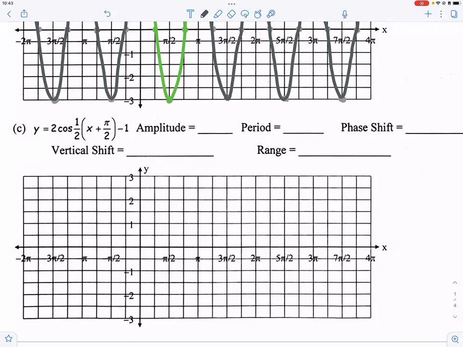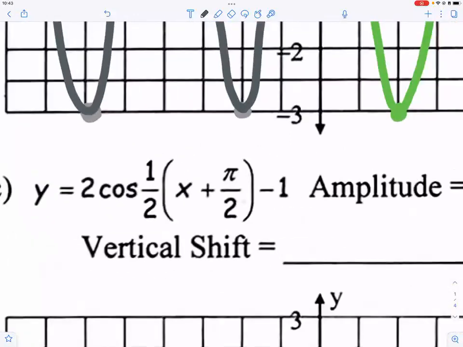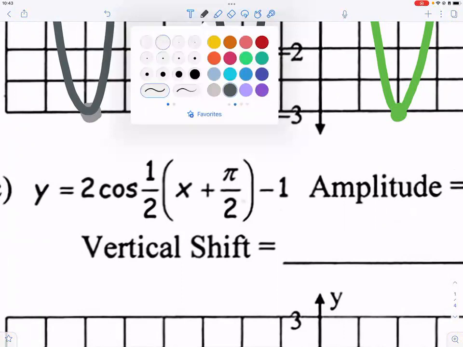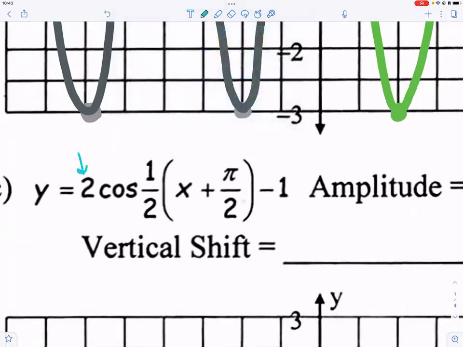You have the A, B, C, D values. All right, so you have the A value there. This is your A, this is your B, this is your C, this is your D.